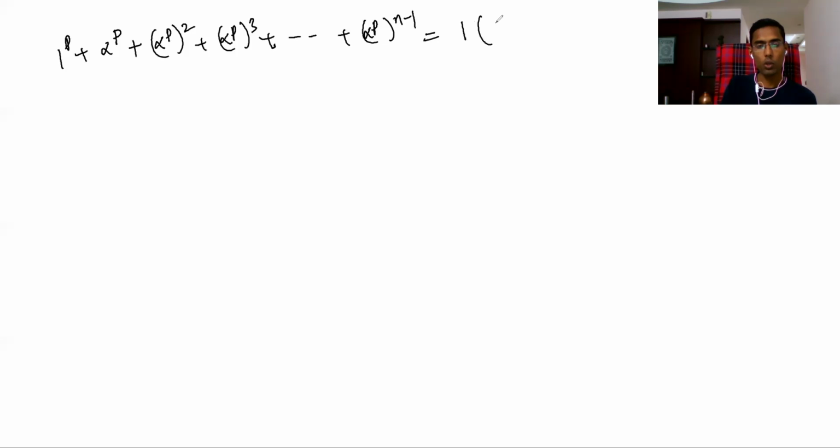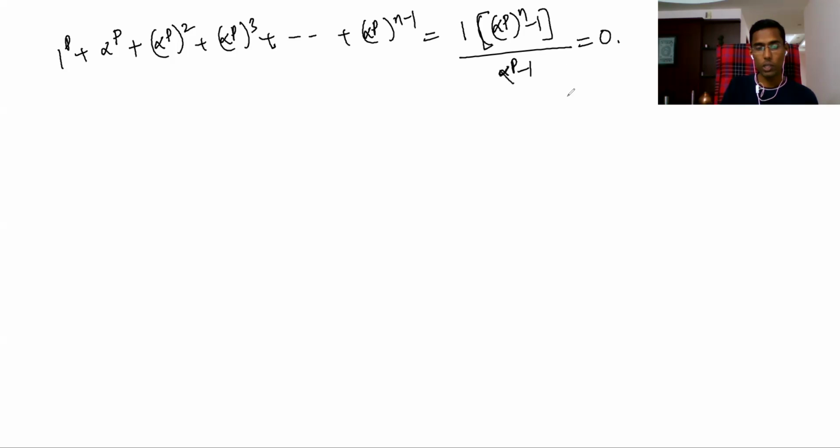So a into r to the power n minus 1 by alpha power p minus 1. But here this is alpha power p whole power n minus 1. So this is going to be 0.